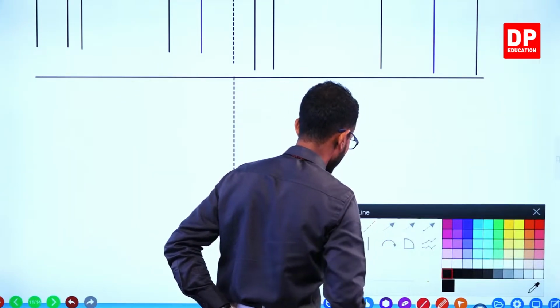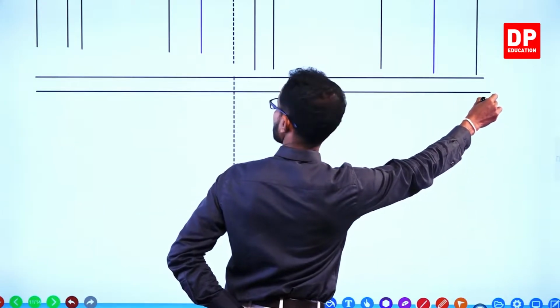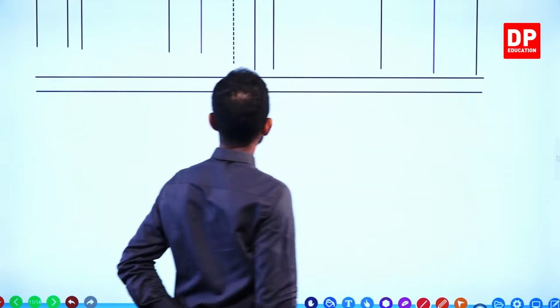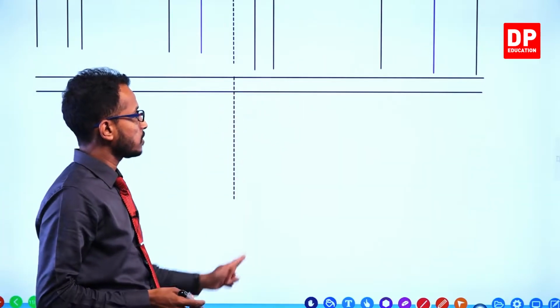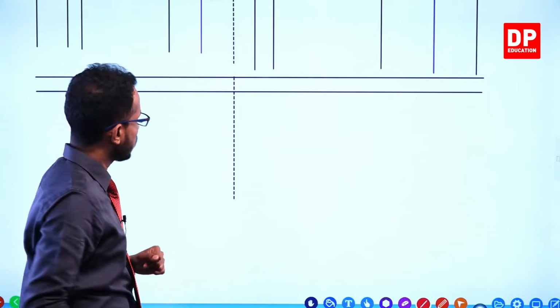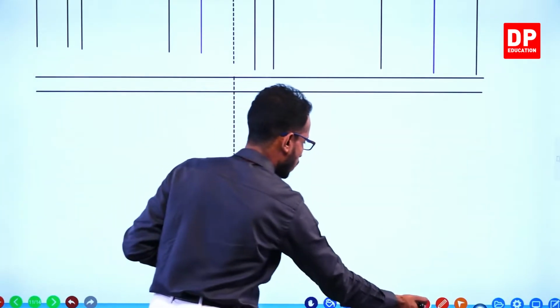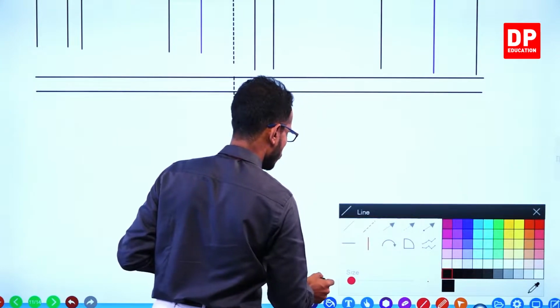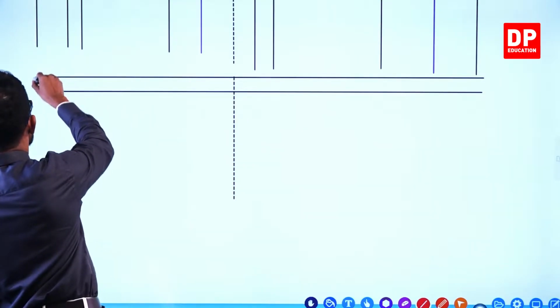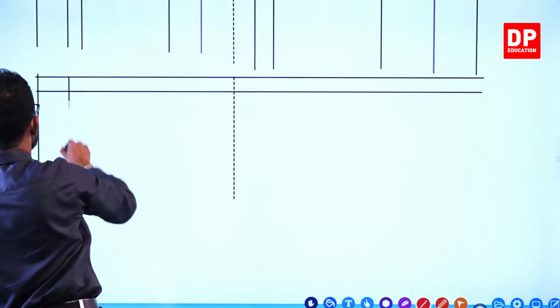Then the row for headers. There you go. Now we have equal sides. Now columns. Same way you drew the cash book. Same columns. All right.